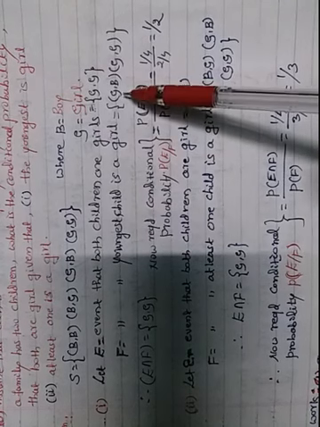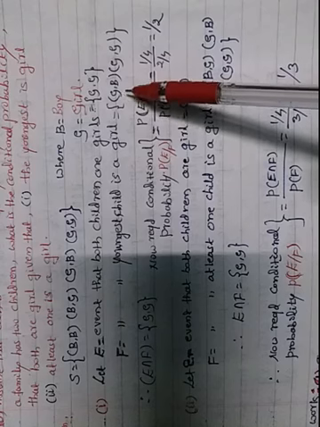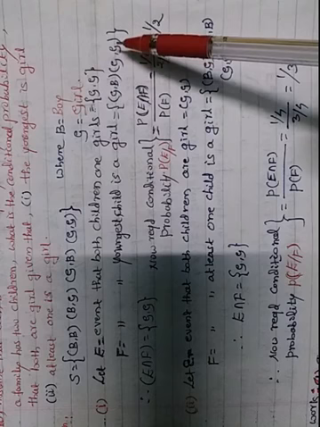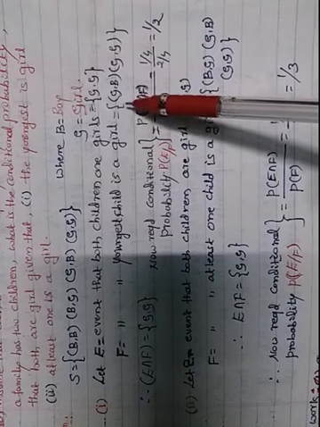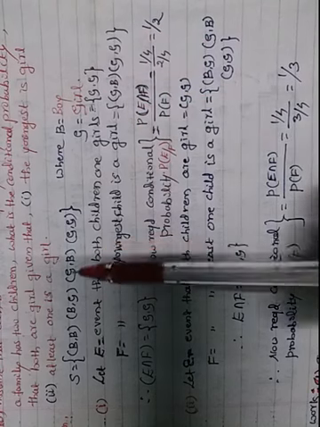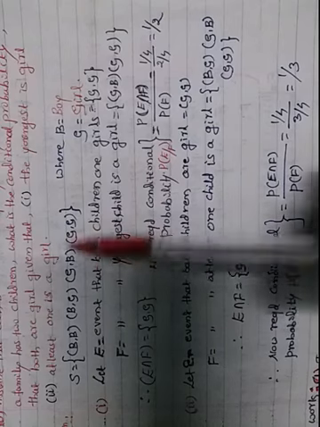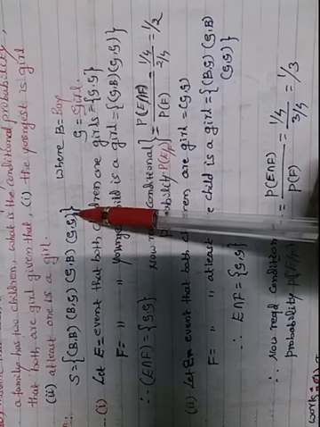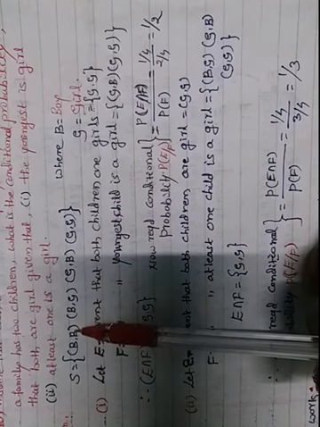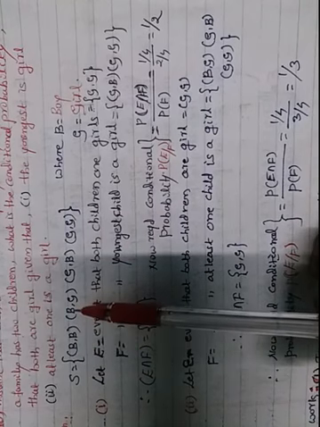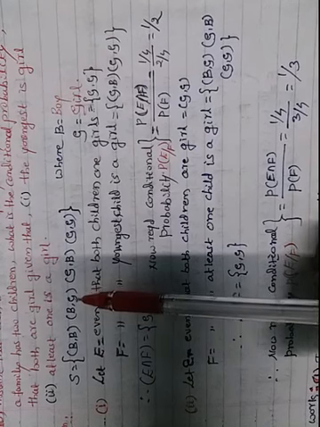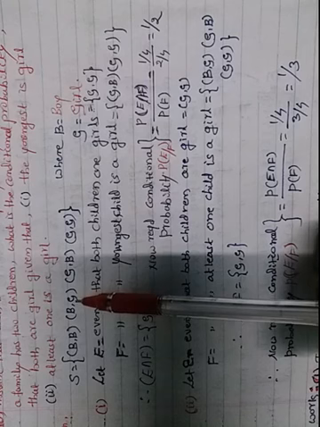Here I have taken, according to his statement, G, B, G, G, because n of S is 4, as there are 4 outcomes. One boy, second also boy. In the second outcome, first is boy, second is girl.